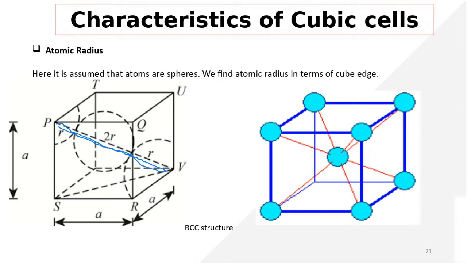How will you calculate this SV? You can use the Pythagoras theorem. You know that in a cubic cell the angle is 90 degrees.